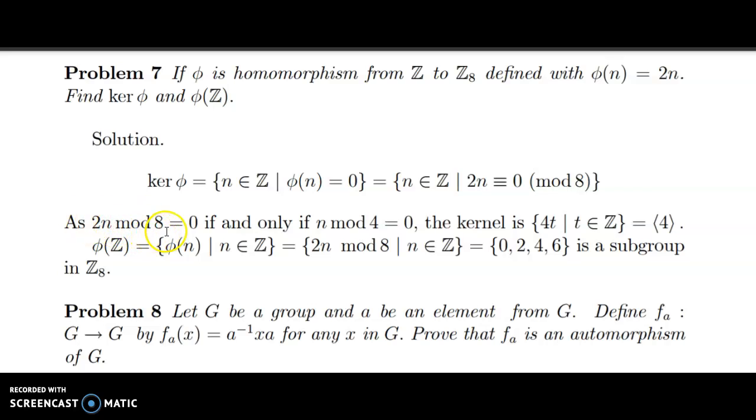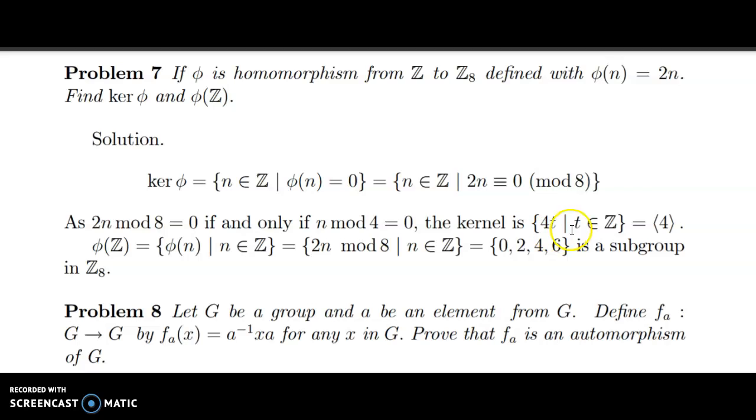This means that 2n is divisible by 8, and this is true if and only if n is divisible by 4. That is, n mod 4 is 0.